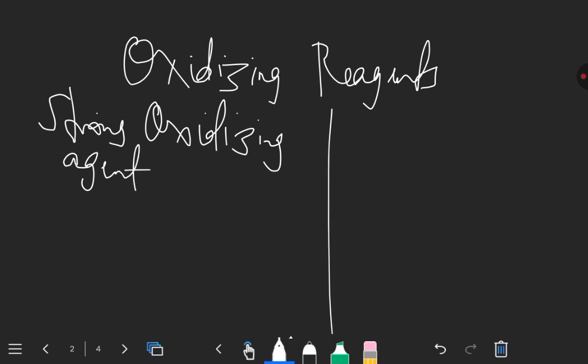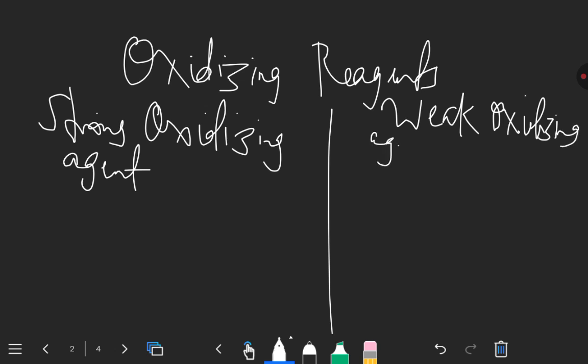Then I'll demarcate here, I'll say weak oxidizing agent. Some of the strong oxidizing agents we can have: this one, which is just ozone.